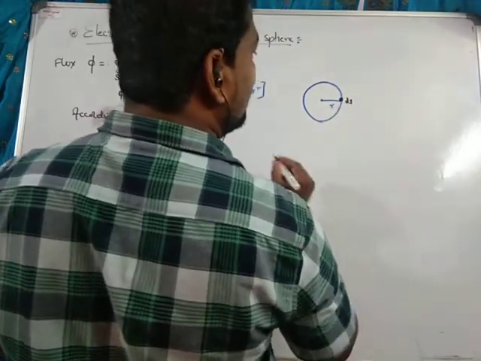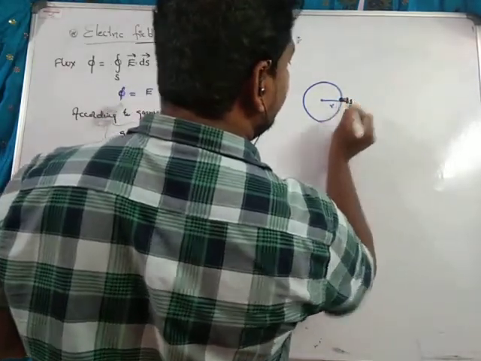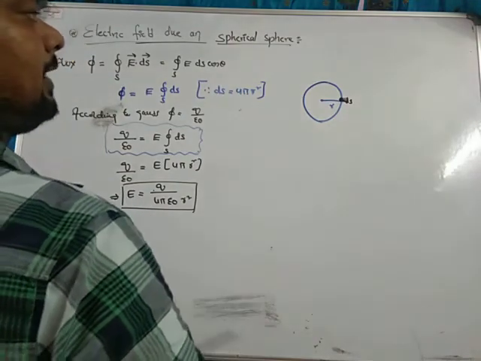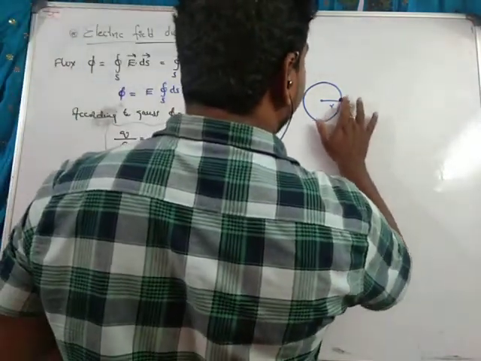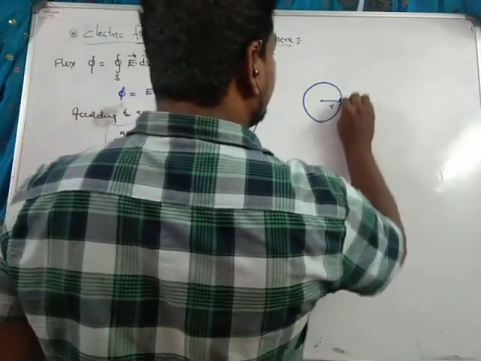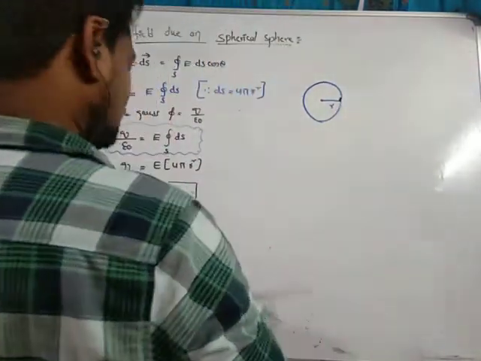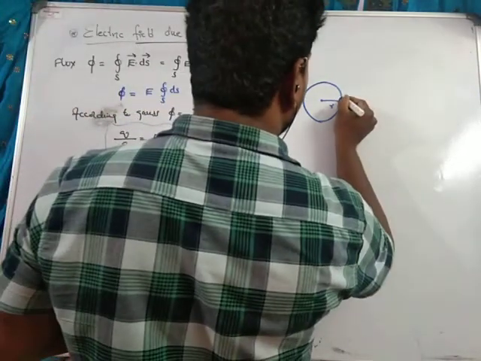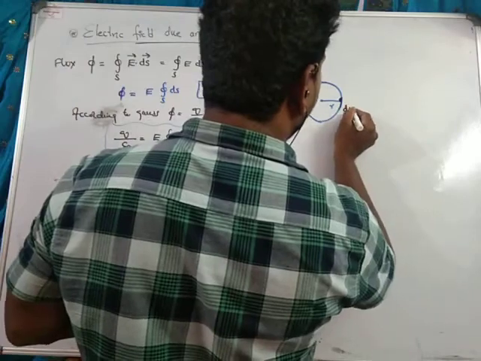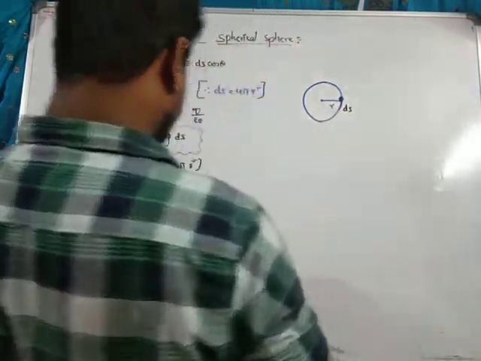So whatever the field lines, they will be radiated out through the small hole.